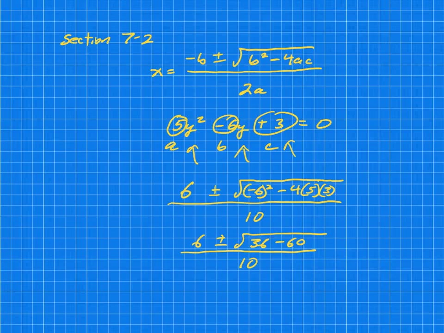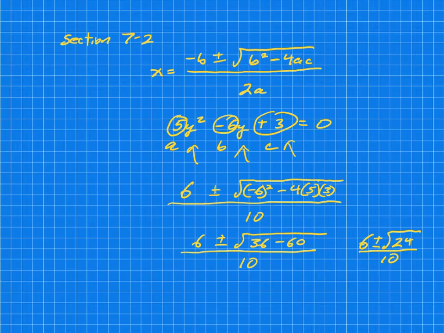And I'm running out of room here, but 36 minus 60 should give me negative 24. I would love to just go ahead and move this over, but I'm not exactly sure how. But let me write it over here. It's going to be 6 plus or minus the square root of 24 over 10.